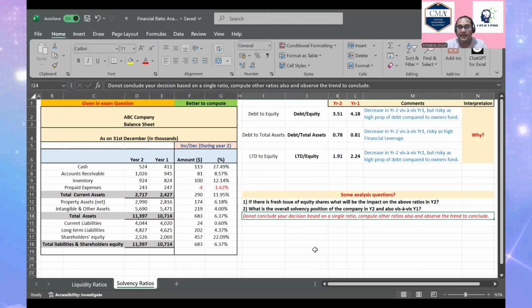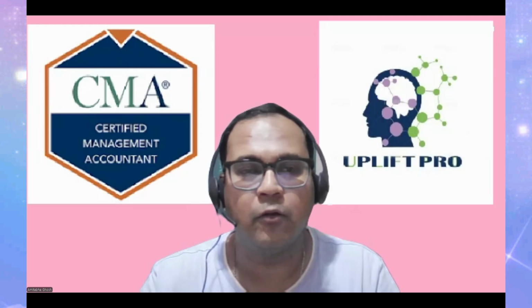Hope that this Excel has helped you to understand how the concepts have to be applied beyond calculation into interpretation and analysis. Now let's quickly go back to our PPT to see what is there to conclude for us. So just give me quickly some time. I stop sharing this and go back to our PPT. Okay, great.